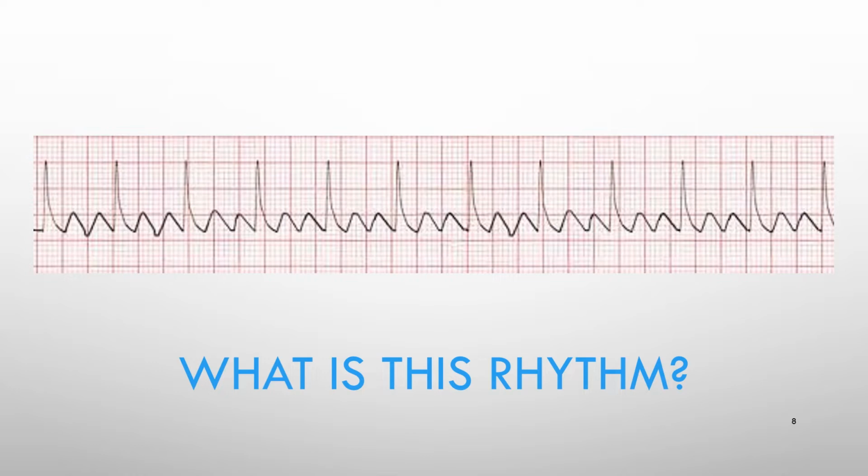You should be able to recognize this rhythm because it's a common ACLS rhythm. I could tell you that it's a re-entry problem with the right atrium. The right atrium gets a re-entry electrical conduction, resulting in this pattern. So what is this pattern? You should recognize that this is atrial flutter.